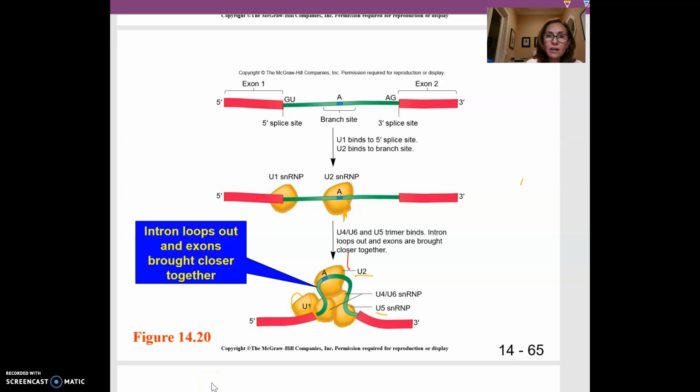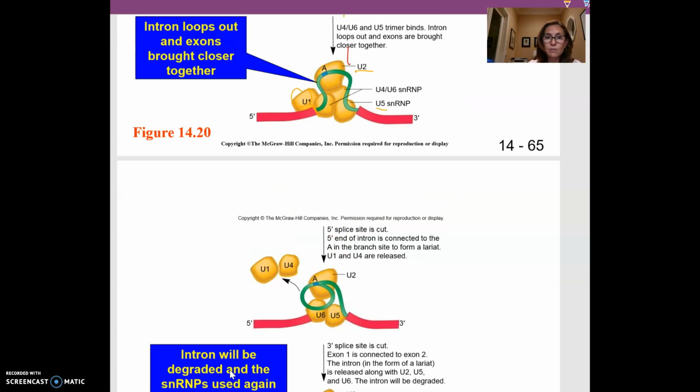So, SNRP U1, SNRP U2. U1 binds at the 5' splice site. U2 binds at the branching site. And then U4, 6, and 5 bind to the 3' splice site.